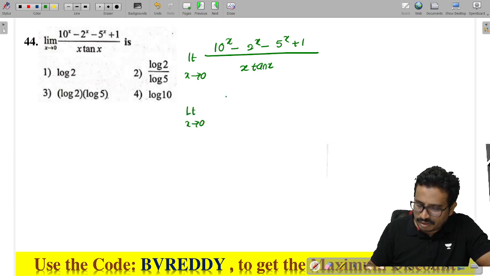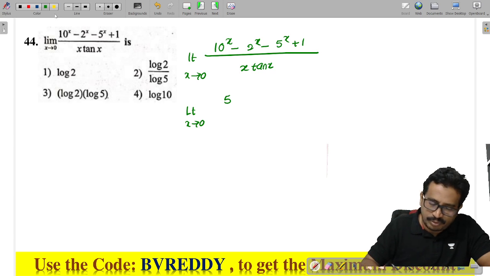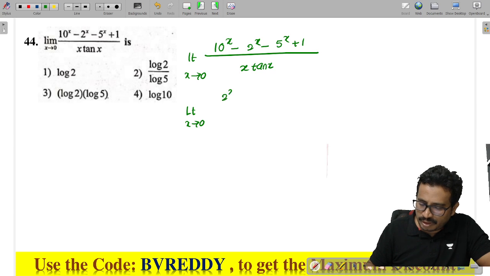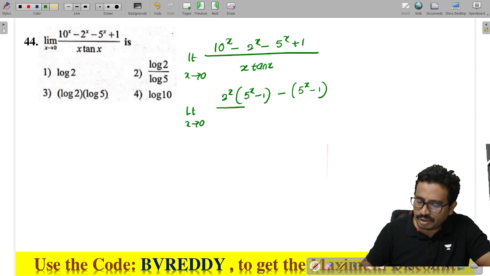Taking 2 power x common from the two terms, I get 5 power x minus 1. Taking minus 1 common, again there is a 5 power x minus 1, by x into tan x.